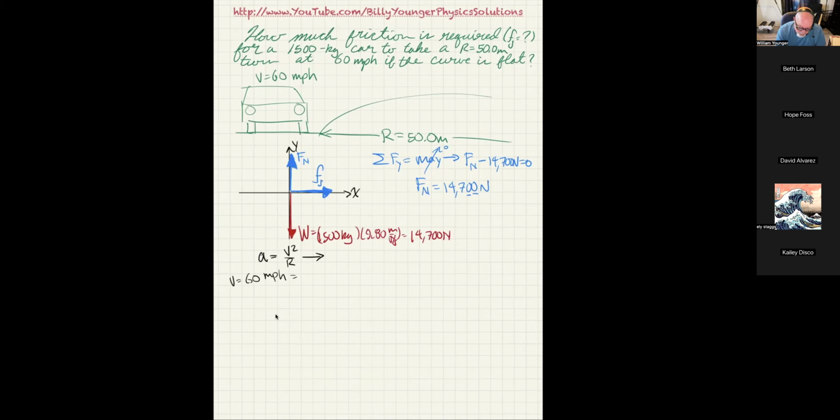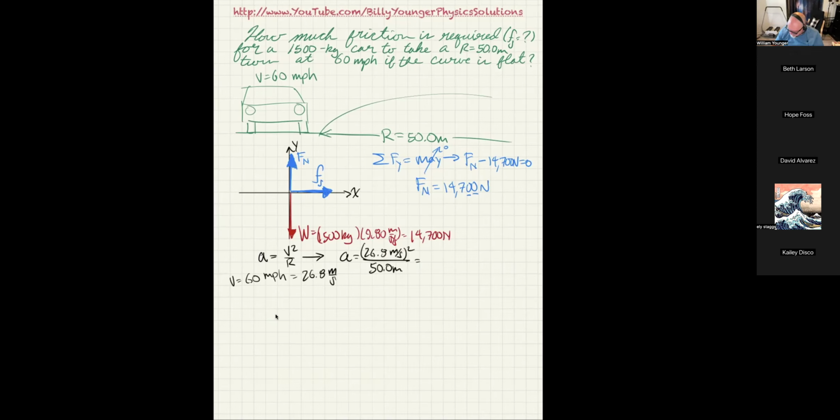So I'm going to say 60, use my units to say miles per hour, convert to meters per second, and that automatically tells me it's 26.8 meters per second. That quantity's got to be squared, and the radius, of course, is 50.0 meters.